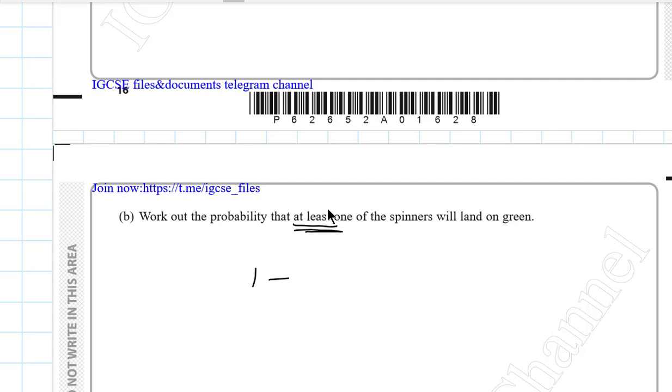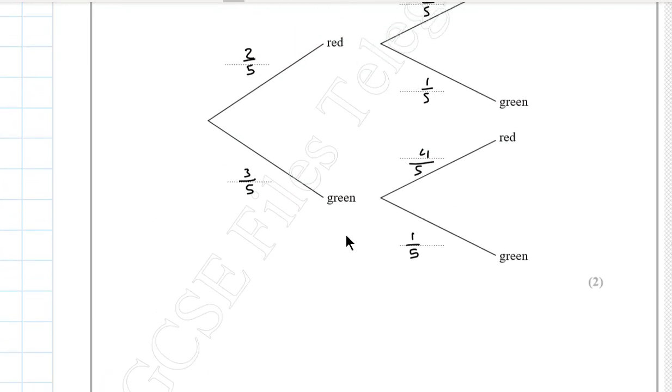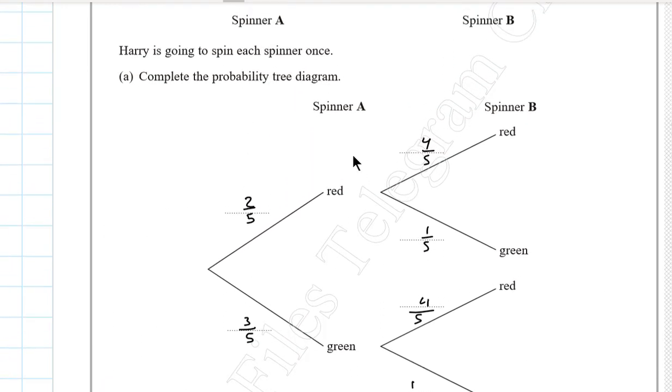Again, the requirement is to get at least 1 green, so 1 green or 2 greens. So where is the probability of both spinners being red?